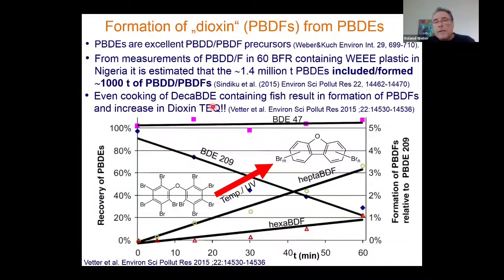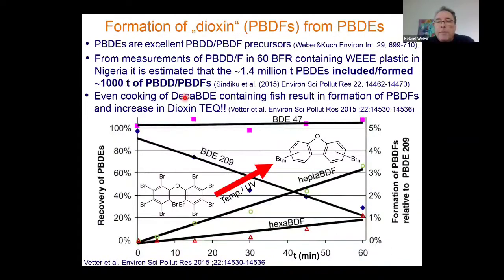How good the precursor potential of Decabromodiphenyl ether is, you see from an experiment of Professor Vetter. So he took some fish and put some Decabromodiphenyl ether in the fish, and fish can be contaminated with Decabromodiphenyl ether.